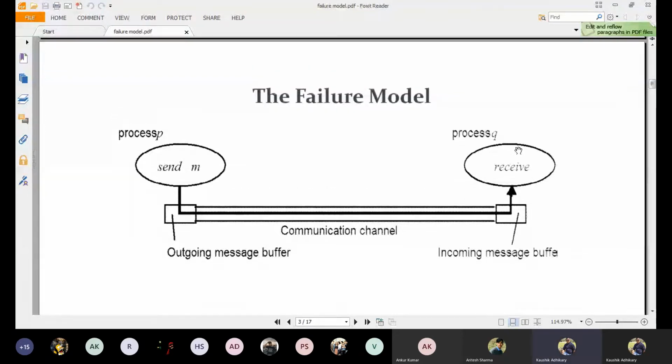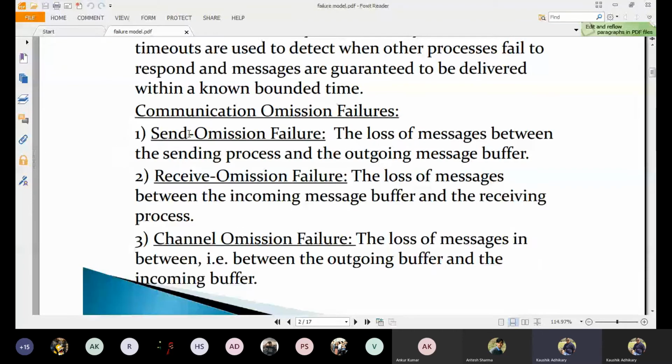So, the first type is the send omission failure. What is send omission failure? It is the loss of message between the sending process and the outgoing message buffer. When there is a failure between the sender and the message buffer which is attached with it, that is called a send omission failure.